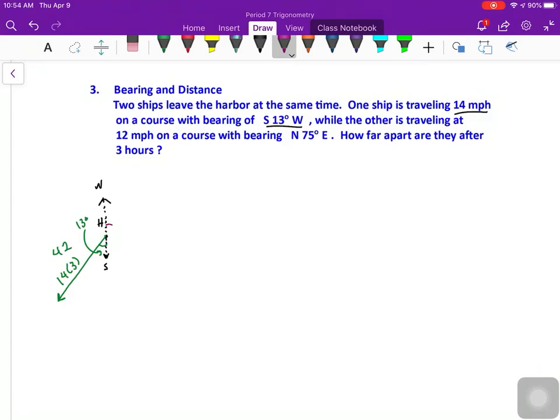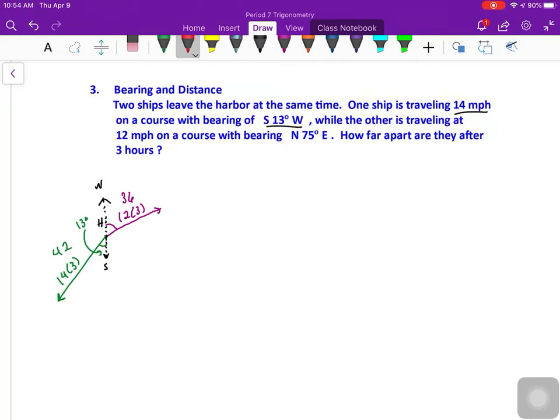This was my south line, so I'll need a north line. There's my north line. And then 75 degrees to the east. So 75 degrees will be this way. And that one's traveling at 12 miles per hour. So it'll be a little bit shorter.